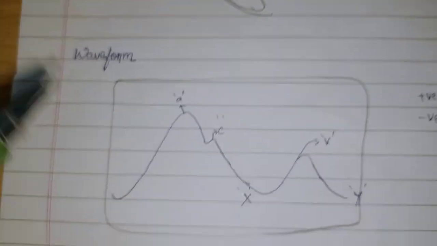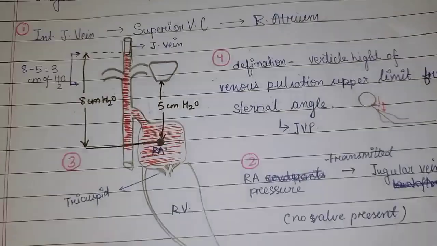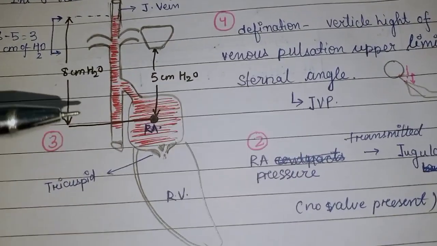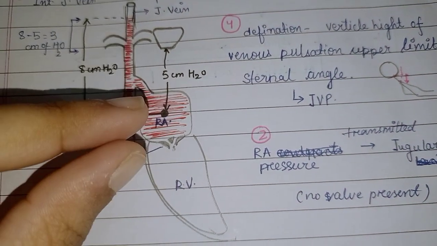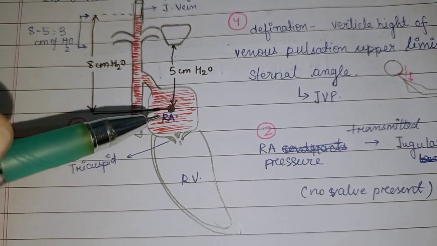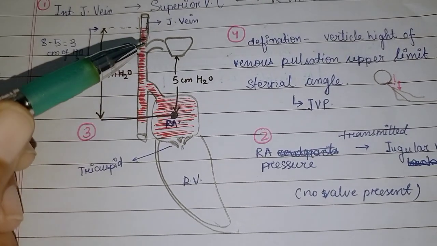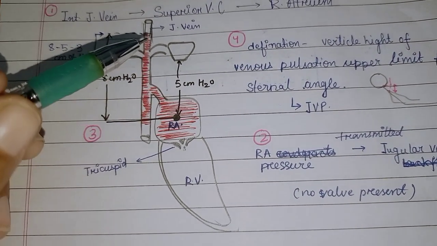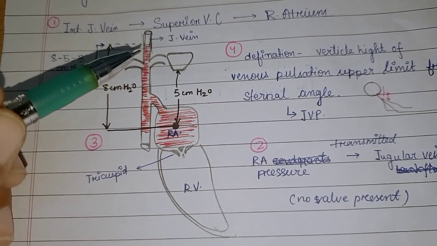So the first wave, A. We'll discuss wave A. First, the right atrium will contract, due to which pressure will increase, and this pressure will raise this blood level. So blood flow will be in the upward direction.